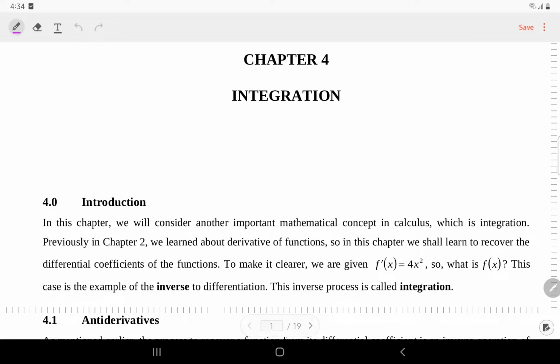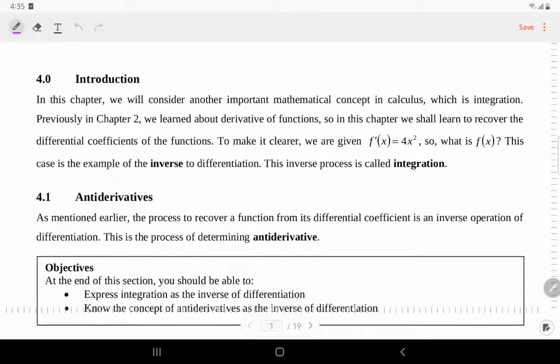So first, we need to understand the concept of integration. Previously in chapter 2, we have learned about the derivative or the differentiation. So what is the relationship between differentiation and integration? Actually integration is anti-differentiation. Meaning that if any function, for example x squared, if you differentiate it, it will become f prime x equals 2x.